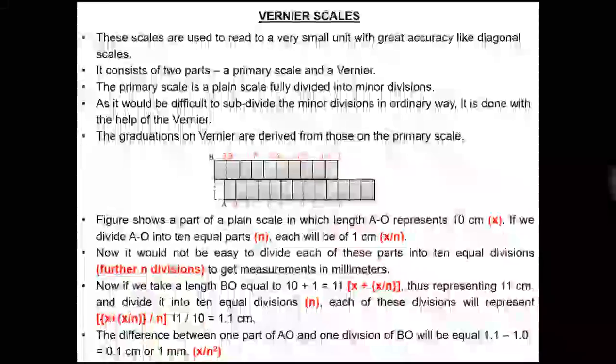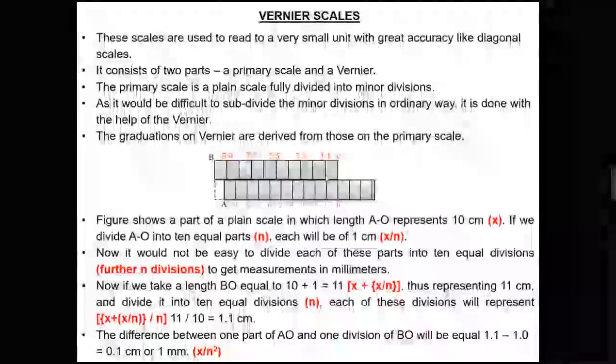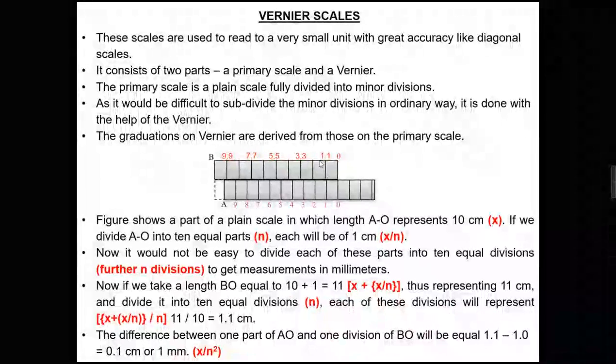Each of these divisions will represent 11 by 10, that is 1.1 centimeters. So this scale is 11 centimeters now, and we are dividing it into 10 equal parts. So each part will represent 1.1 centimeter.